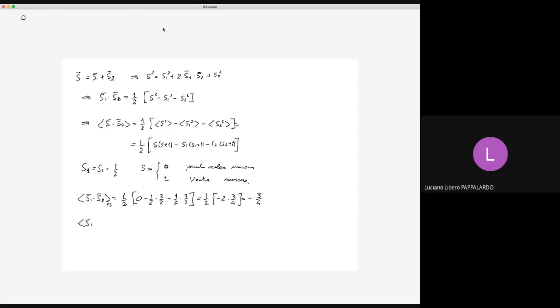And the expectation value for the case of the vector mesons is 1/2 times [1 times 2, that is 2, minus 1/2 times 3/2 minus 1/2 times 3/2]. This is 1/2, and then we have 2 minus 2 times 3/4, and it is at the end 1/4. So overall we get these two numbers: minus 3/4 for the pseudoscalar mesons and plus 1/4 for the vector mesons.